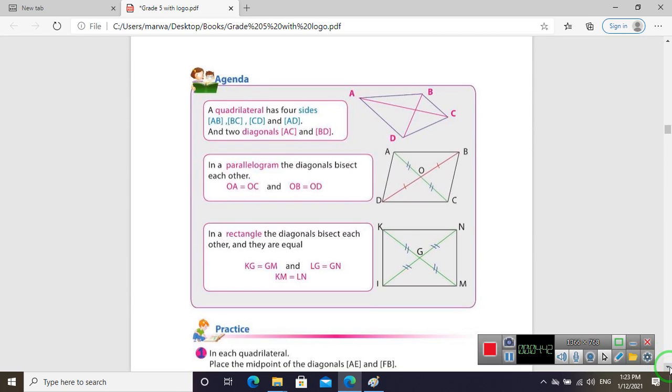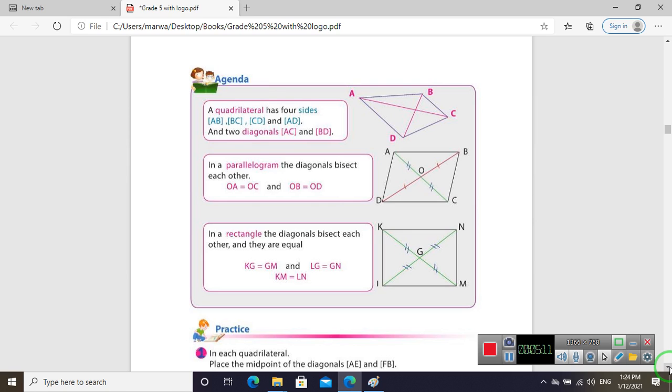A quadrilateral has four sides, AB, BC, CD, and AD. Did you see? They are segments. And the diagonals are joining two non-consecutive vertices. They are AC and BD. What is the difference between the diagonals of a parallelogram and a rectangle? The two diagonals bisect each other in the parallelogram, and in the rectangle they also bisect each other, but they are equal.